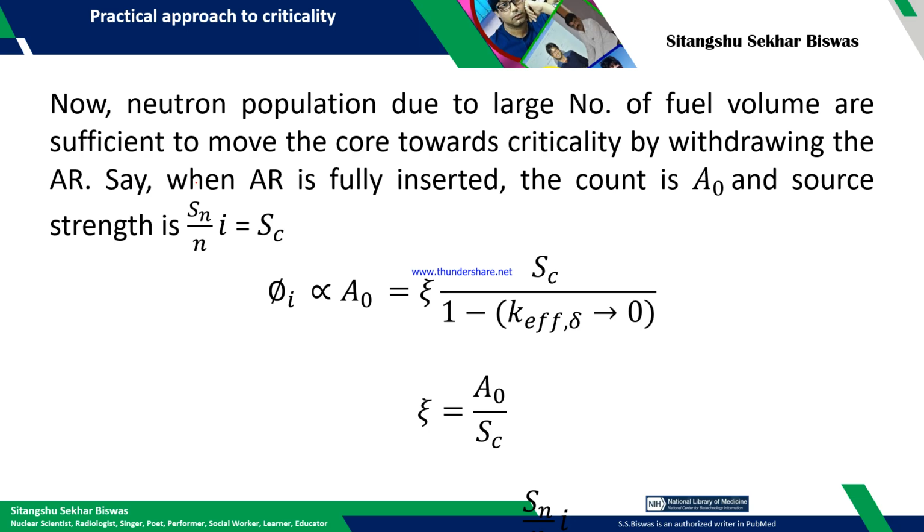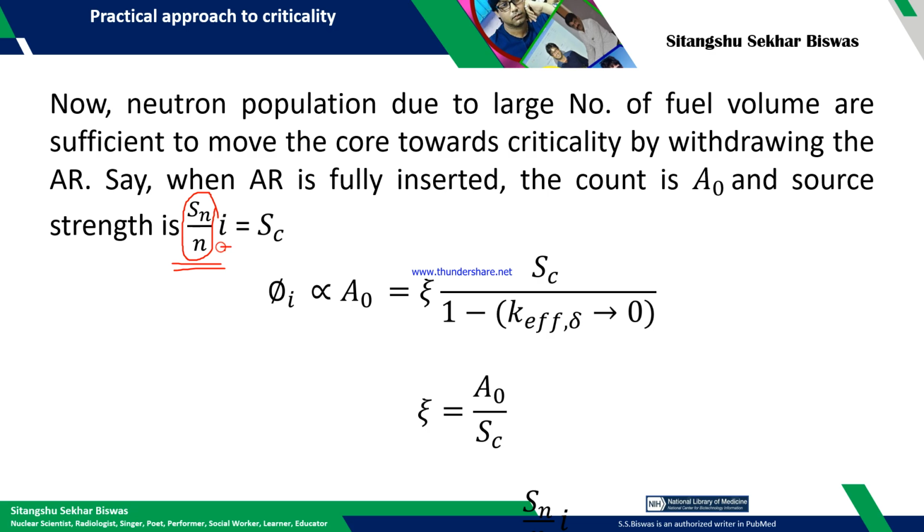Say when the absorber rod is fully inserted, the count is A0, because there will be some count. And we know the source strength, because we know how many subassemblies we loaded, and we already estimated Sn and N from the earlier experiment.